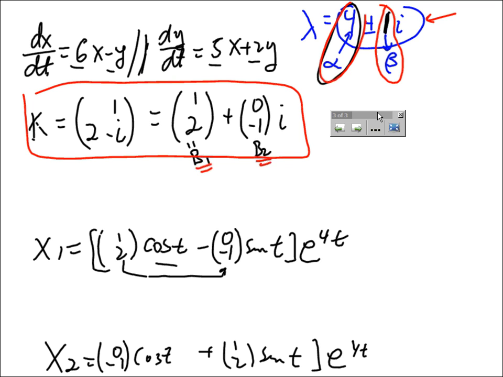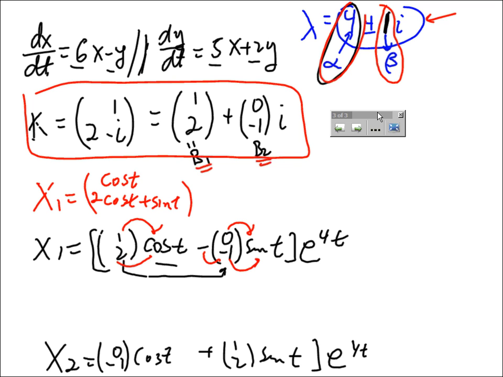Now, I suspect, say in our textbook, they would write down x1 is equal to, you have 1 cosine t minus 0 sine t, which is just cosine t. In the bottom, you have 2 cosine t's plus negative minus 1 is plus 1 sine t, plus sine of t.